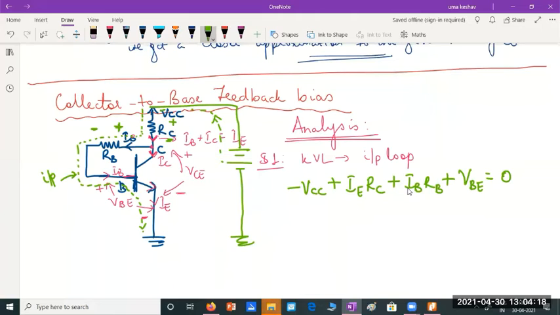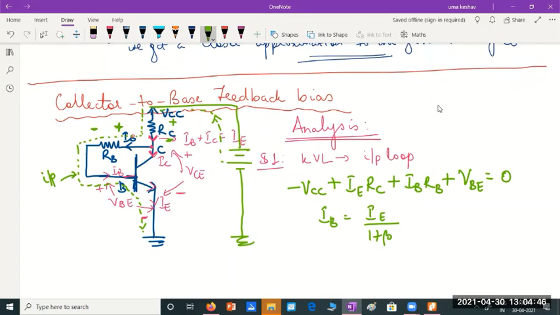Now there are two options. Either we can write the base current value as we do normally and then write IE, or we can directly write for IE itself. Let's do that. In this case, I'll convert IB to IE. What is IB in terms of IE? IE by 1 plus beta. Yes or no?